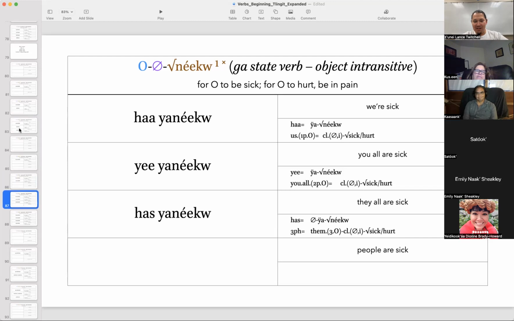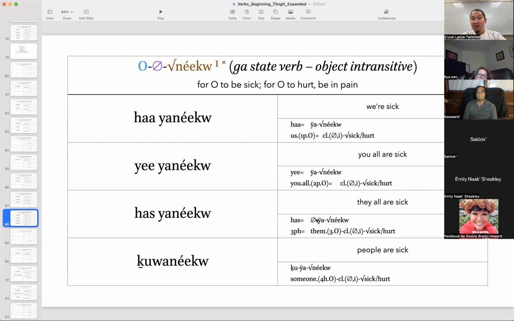People are sick. Unique or unique. I do think most people would say unique. I think about that all the time with unique.